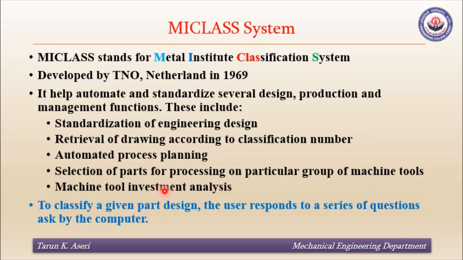In this case, the classification is based on several questions asked by the system to a user, and the user answers them. Based on those answers, the system will generate a code.